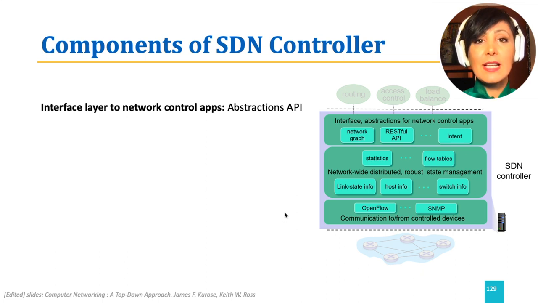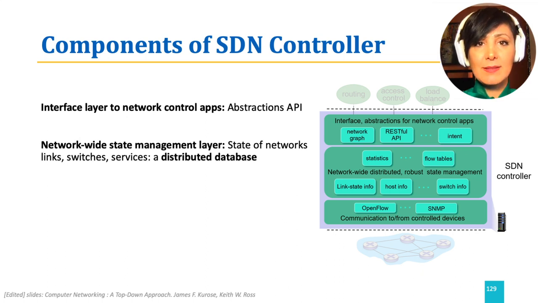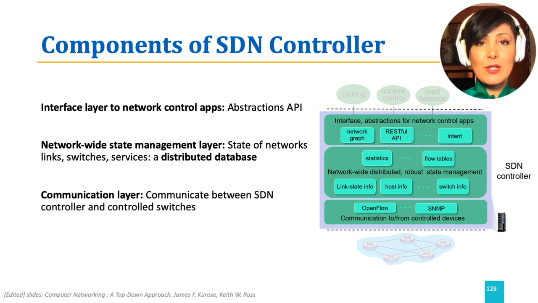Second, network-wide state management. Link state information, host information, switch information, statistics, and monitoring, all of them ultimately leading to flow table calculations to be propagated to the devices. And third, providing the southbound interface to control devices.